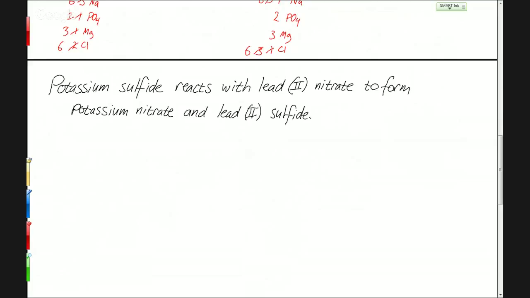Potassium sulfide reacts with lead 2 nitrate to form potassium nitrate and lead 2 sulfide.